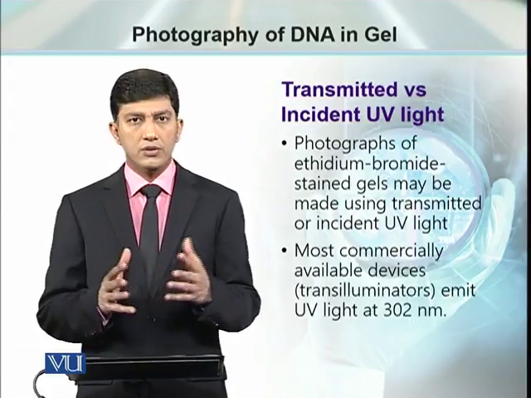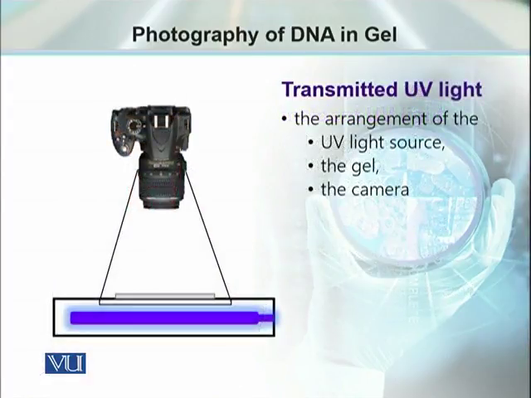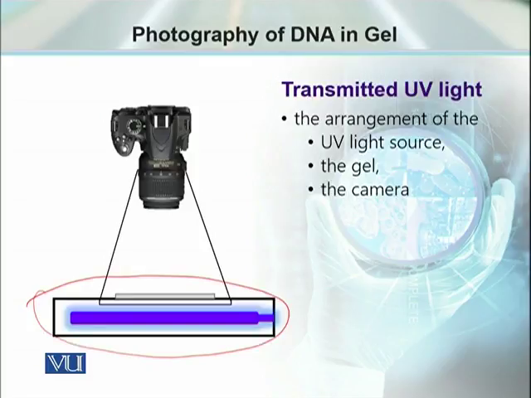If you look at this picture, this arrangement shows the transmitted UV light which is used for taking the photograph of any gel stained with the ethidium bromide or with the cyber gold. This particular box is basically the space or is basically the stage of the UV lamp.